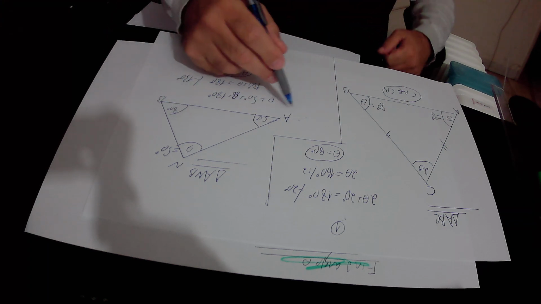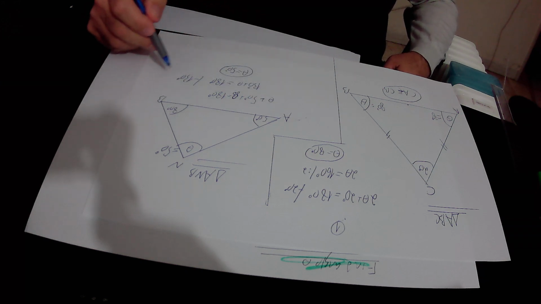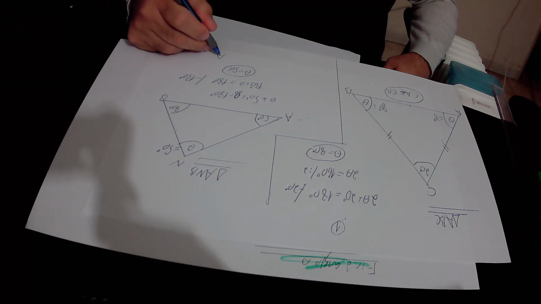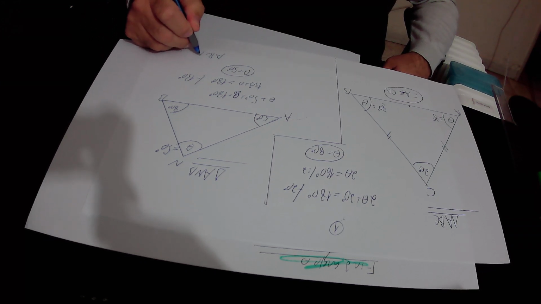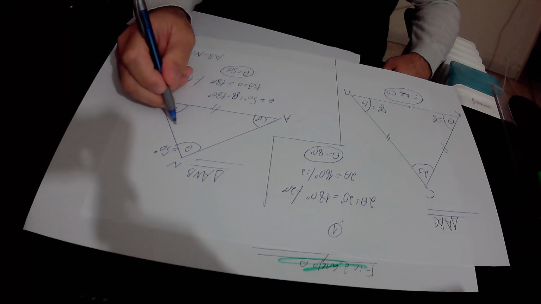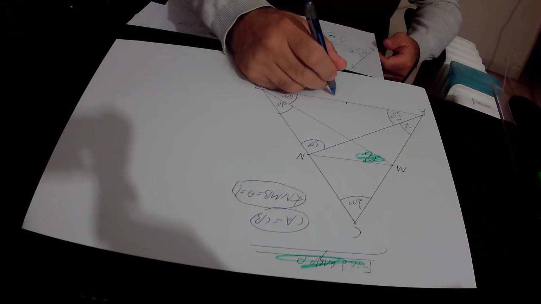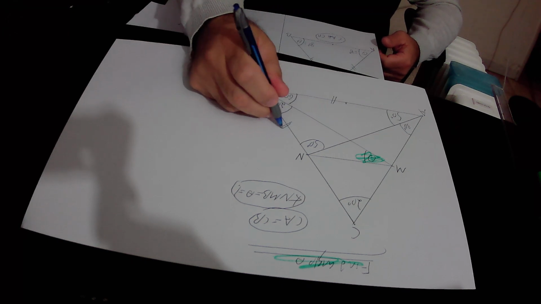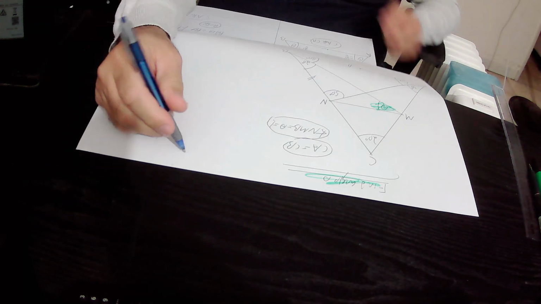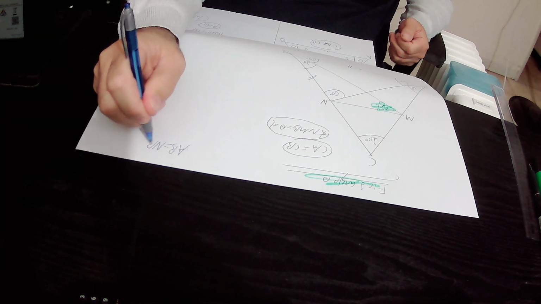That is to say, side AB equals side NB. I write it down here also. Side AB equals side NB.